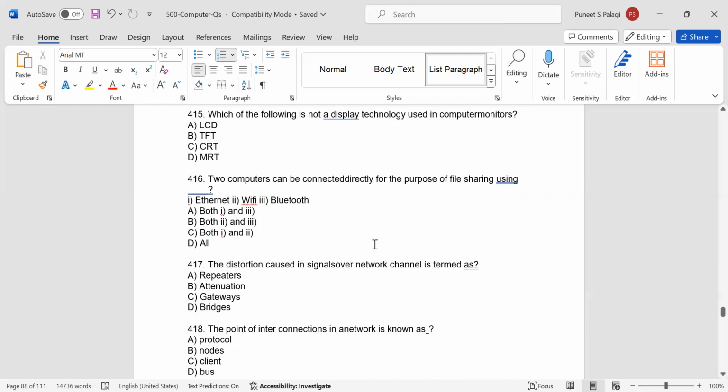Which of the following is not a display technology used in computer monitors? LCD, TFT, CRT, MRT. It is MRT.